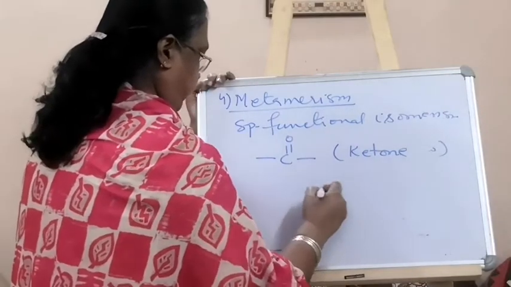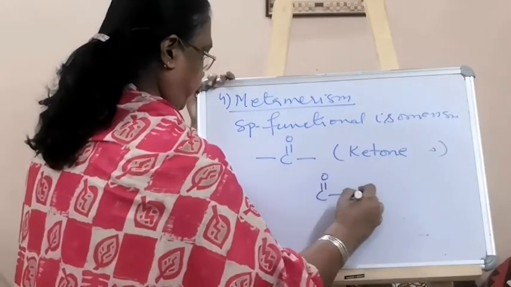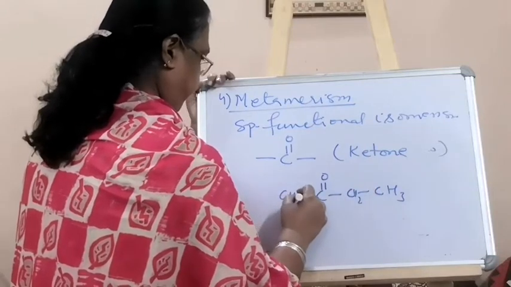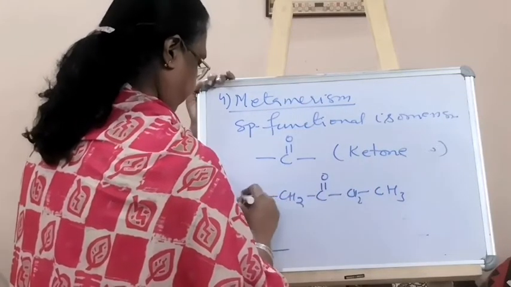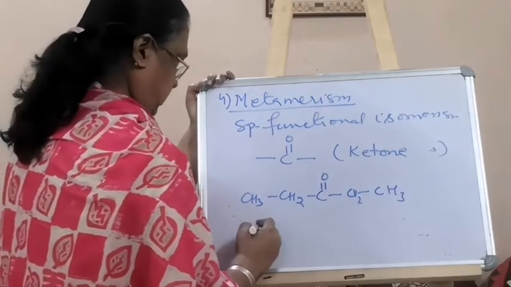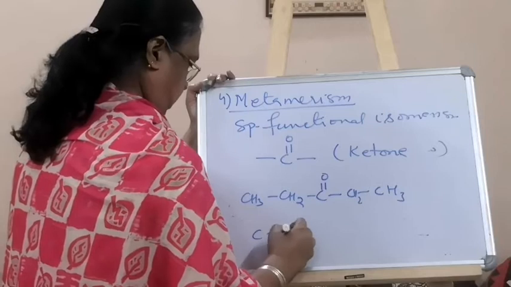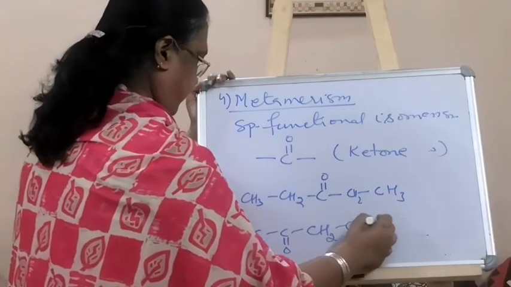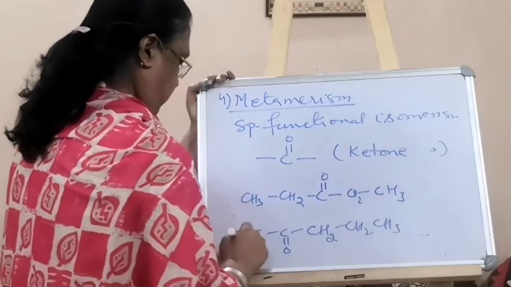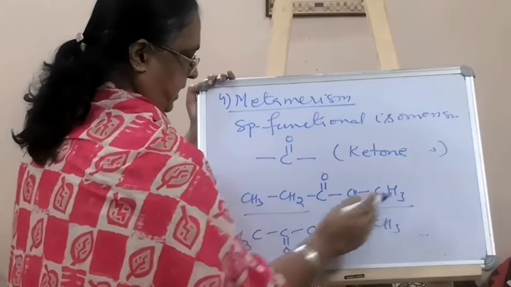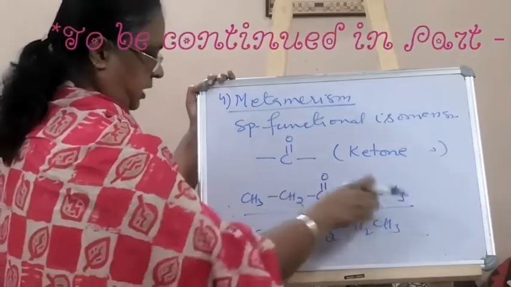One ketonic example you can also see. This is pentanone 3, with ethyl on one side and ethyl on the other, both the same.